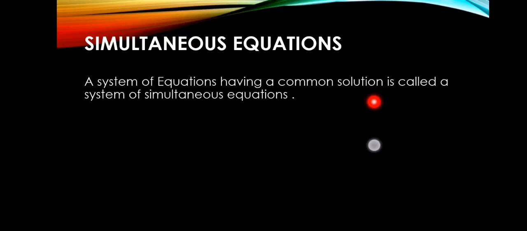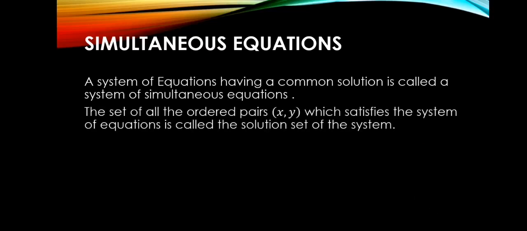So by common solution we mean the solution which should be satisfied by both the equations. That is, if we put the values of x and y in that particular equation, the left hand side of both of the equations should be equal to the right hand sides. Now the set of all the ordered pairs x, y which satisfies the system of equations is called the solution set of the system.